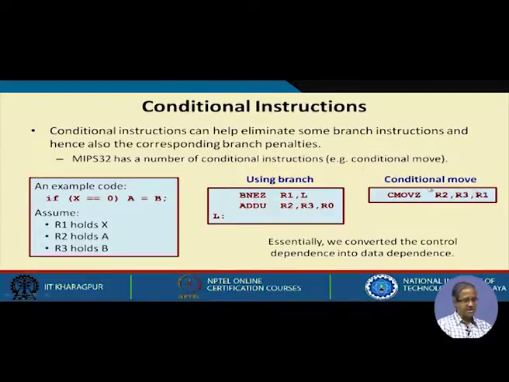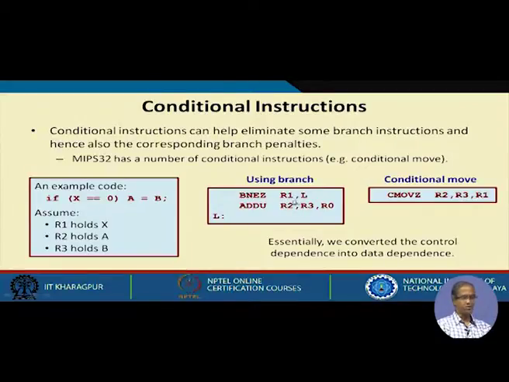But there is a conditional move instruction also in MIPS. It says conditional move if 0, R2, R3, R1. It says if R1 is 0, then move R3 to R2. So, you can avoid the branch instruction altogether.